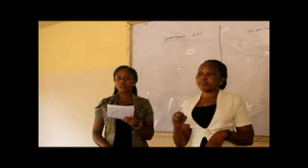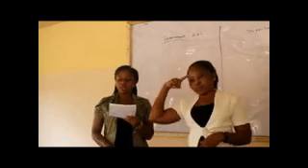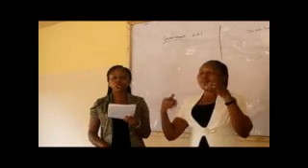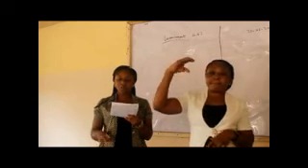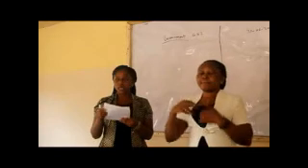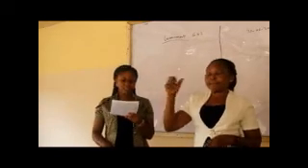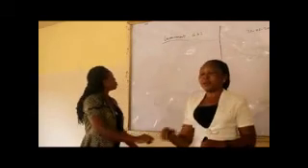But the answer here is 2. Because we said that if a country has or practices bicameral legislature, it means that that country is said to have 2 houses. So the answer here is 2.